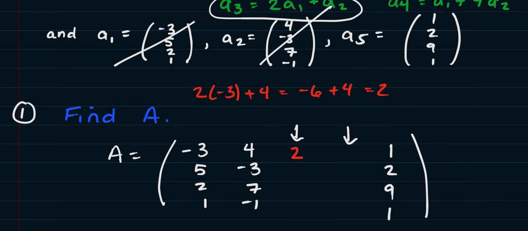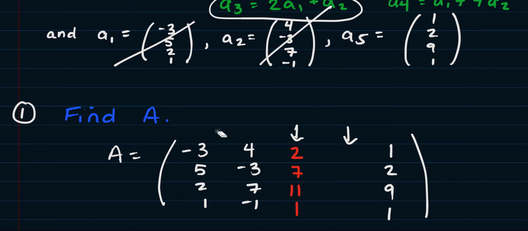Okay, the next one is 2 times 5 plus -3, that's 7. Then 2 times 2 plus 7, so that's 4, 11. And then the last one is 2 times 1 minus 1, which is 1.